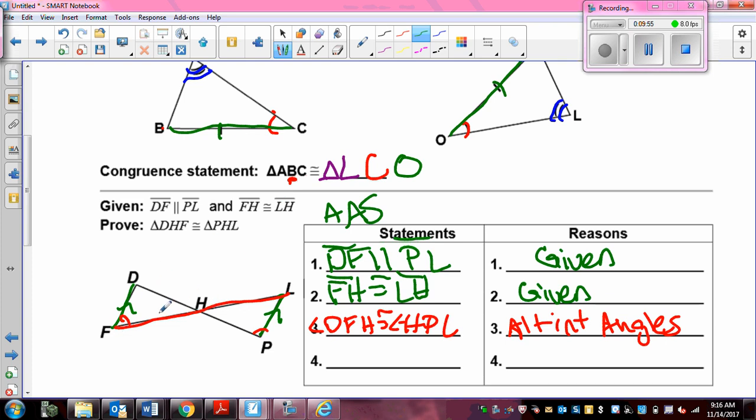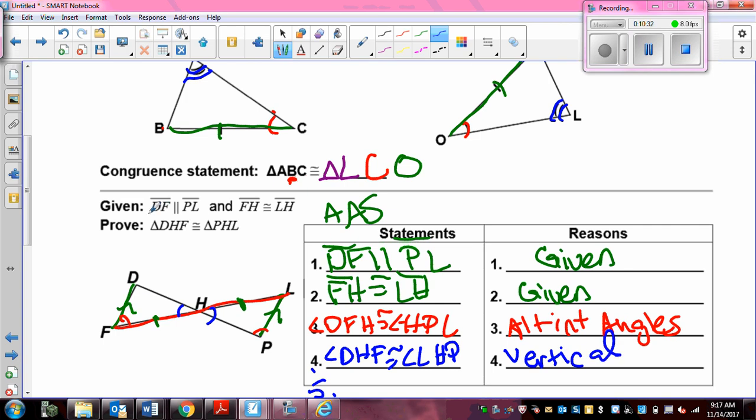So F to H, this side, is congruent to L to H, this. So we have angle, and then we have a side. We also know that these two angles are congruent, so we're actually going to need 5. Okay, so we know that these two angles are congruent, and I'm going to have to write it with 3 letters, DHF, is congruent to angle LHP, and the reason why these two angles are congruent is because they're vertical angles.